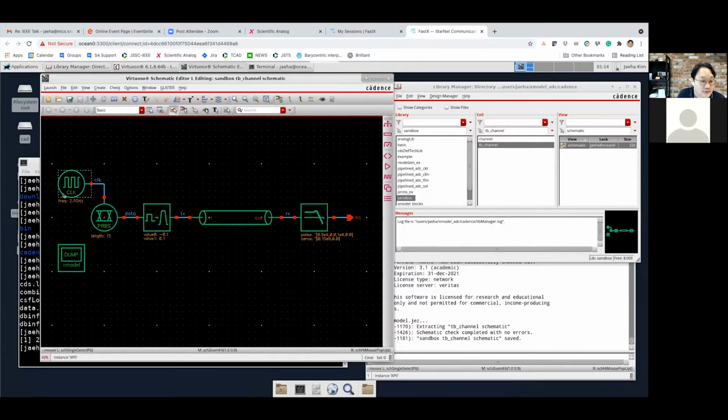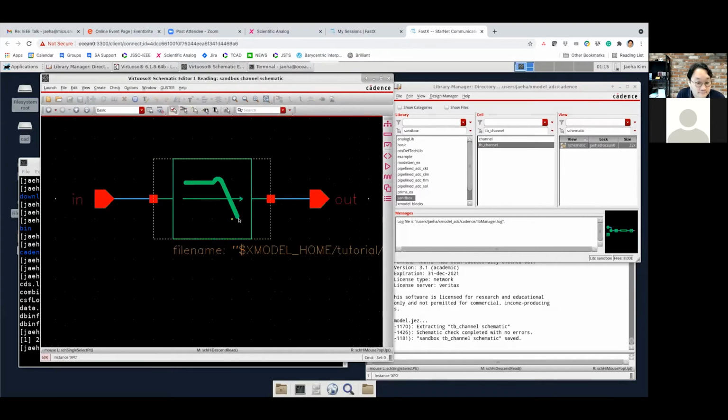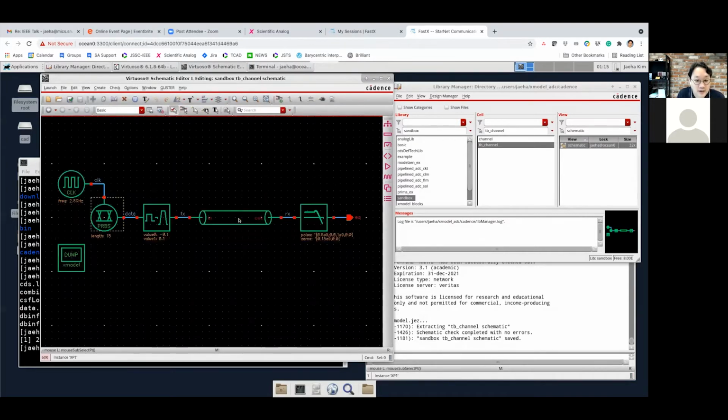So for example, this is a clock gen primitive generating a periodic clock, which is triggering a PRBS generator, producing random digital bits that get translated to the analog waveform with a finite voltage swing. It propagates into a channel, which inside has a filter primitive, which has this linear filter behavior. And we have another filter that models the equalizer that tries to compensate the loss in the channel.